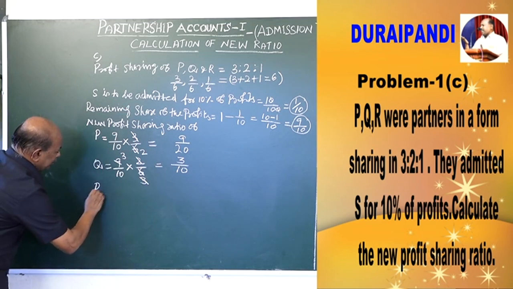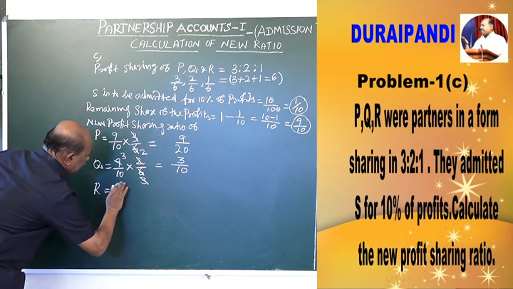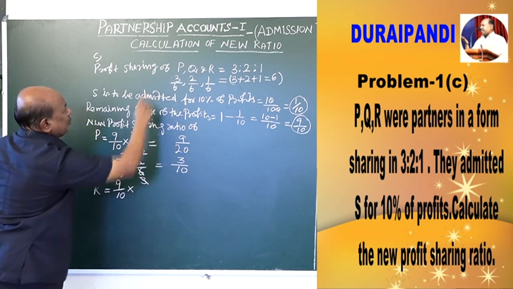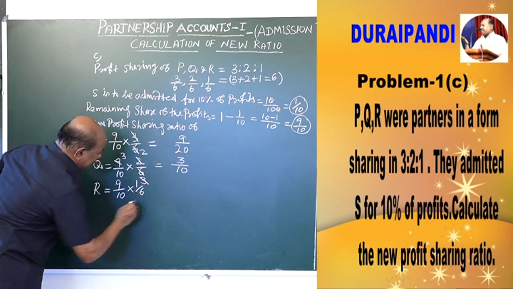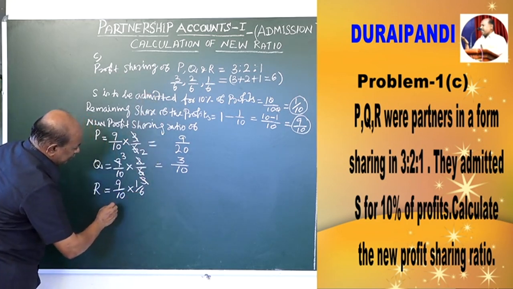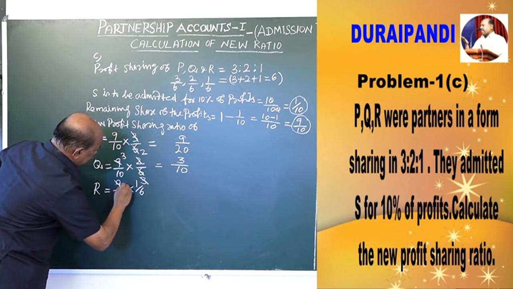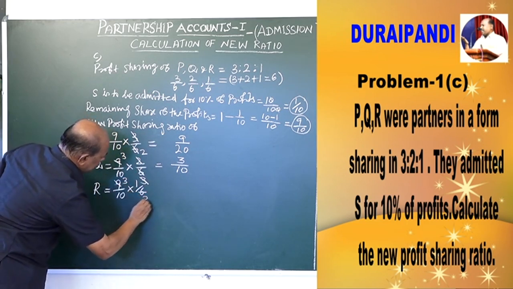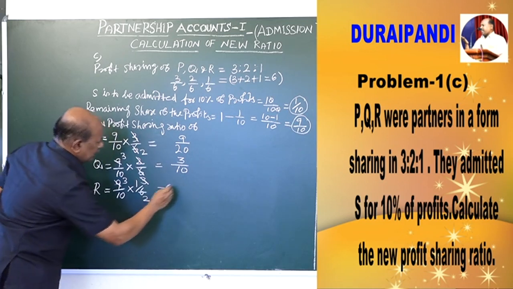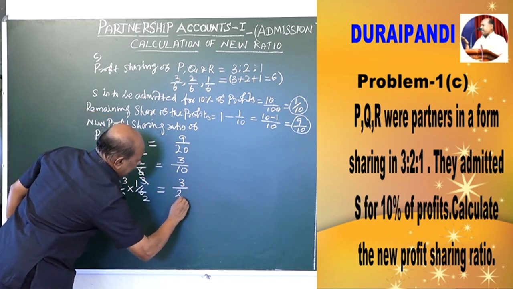R equal to 9/10 into his share of profit 1/6. That is equal to 3/20.